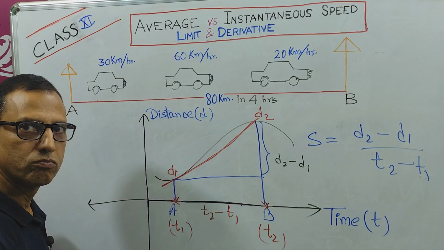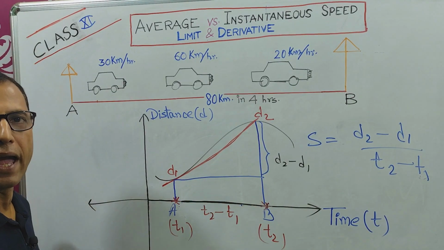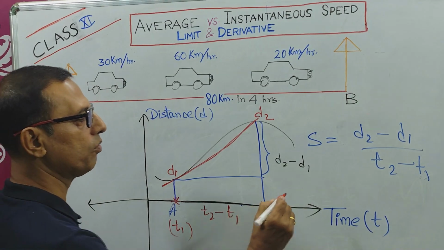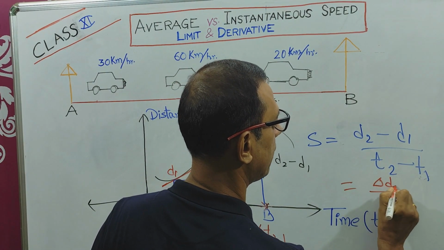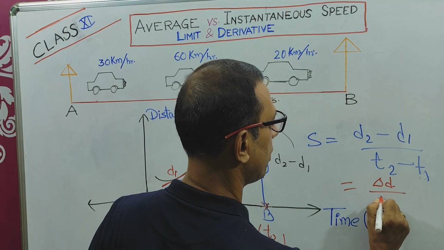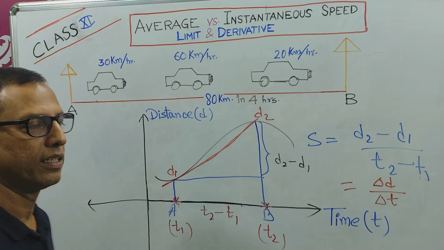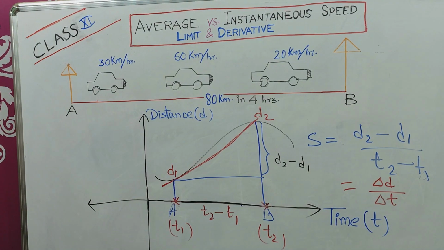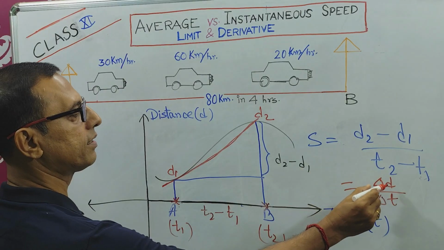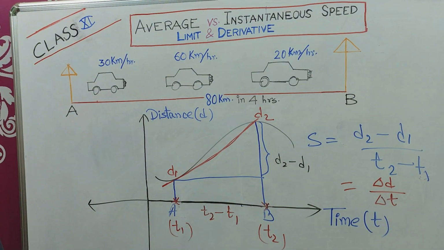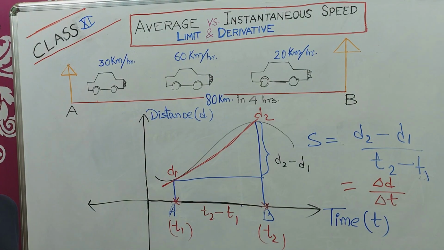Now if I reduce this time span, the change in distance is delta D and the time elapsed is delta T. So speed is delta D by delta T, the distance covered by total time.